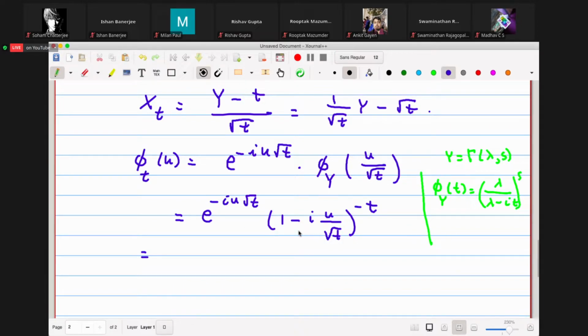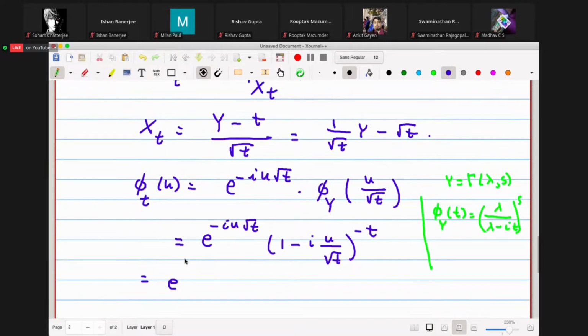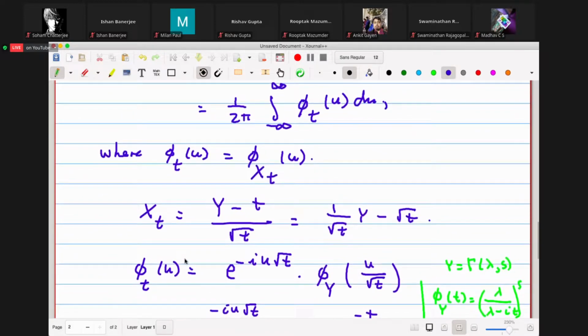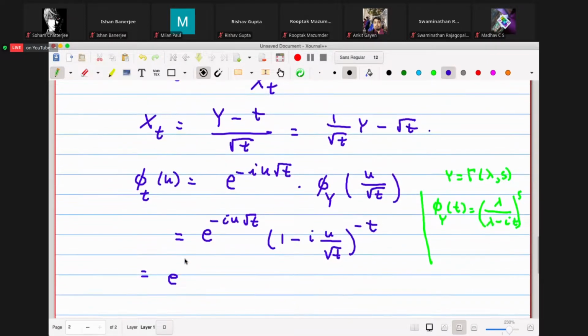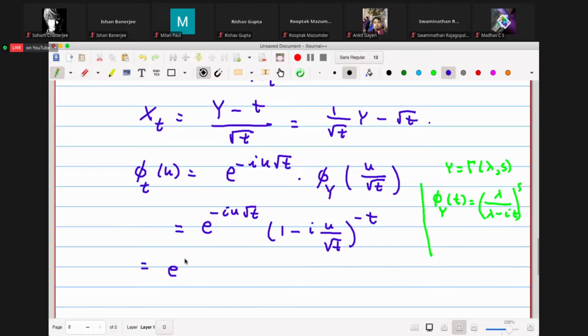It is like 1 minus a whole power minus t. a may be a complex quantity, but it is valid in some neighborhood. So write this in a formal way. See, ultimately we are going to allow t to go to infinity. So that is what you should remember.